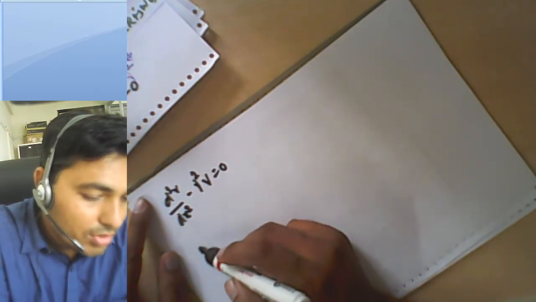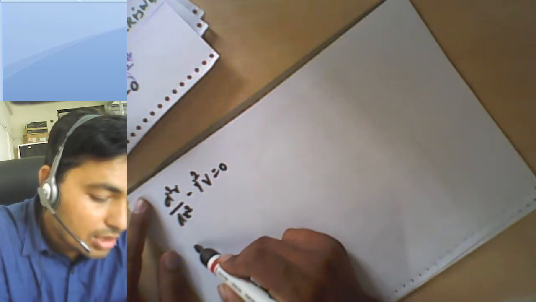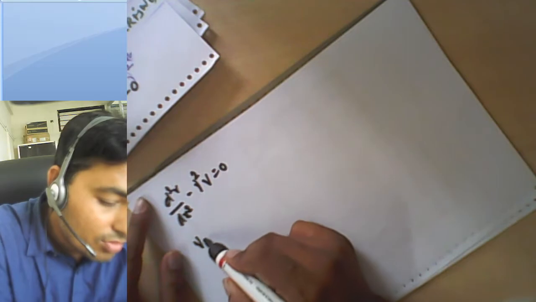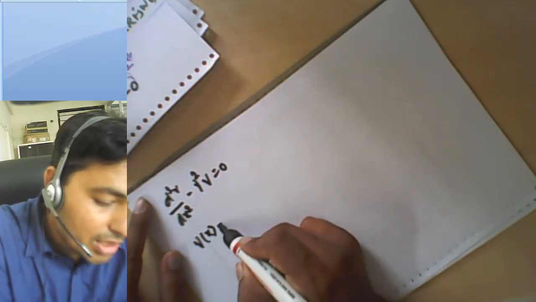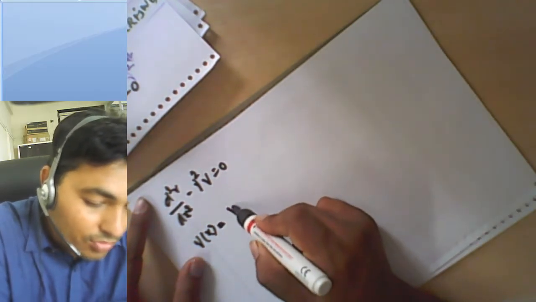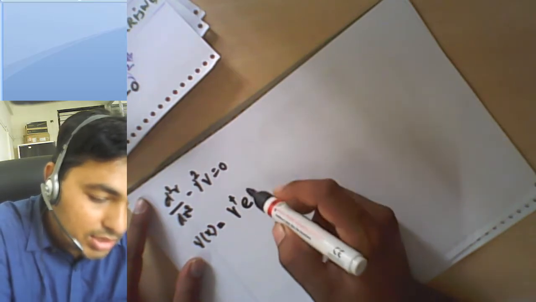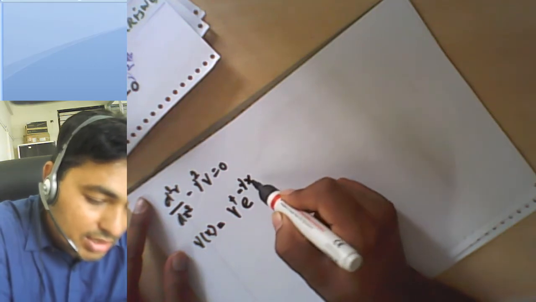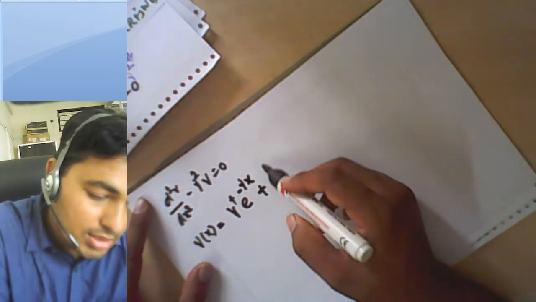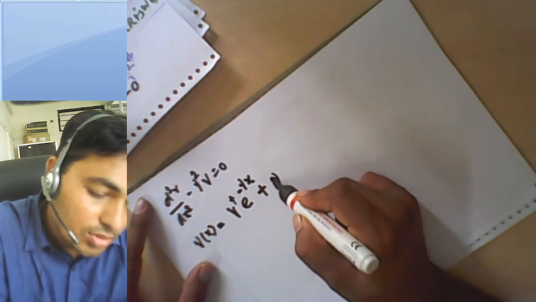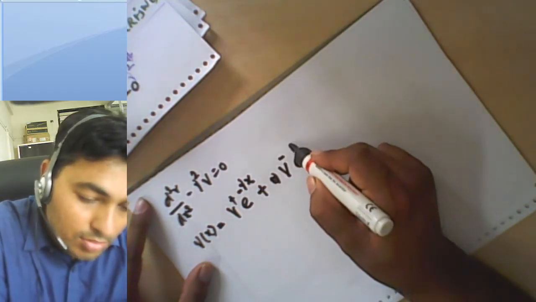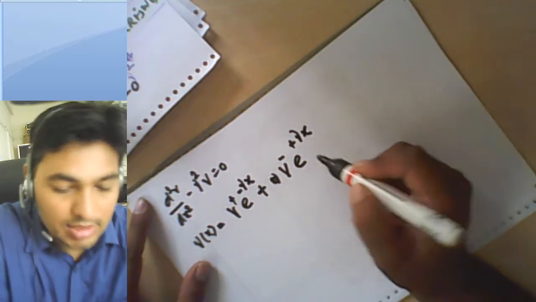So the solution will be V, or Vx, equal to V plus e raised to minus gamma x plus V minus e raised to plus gamma x.